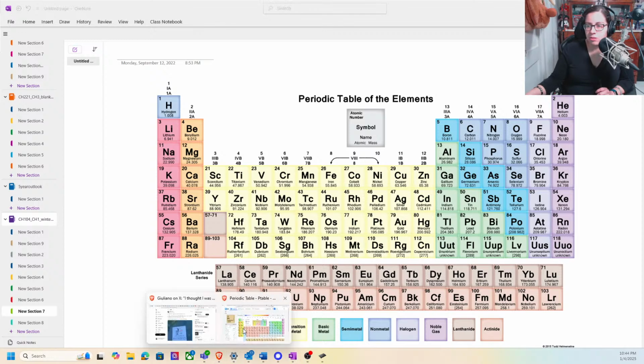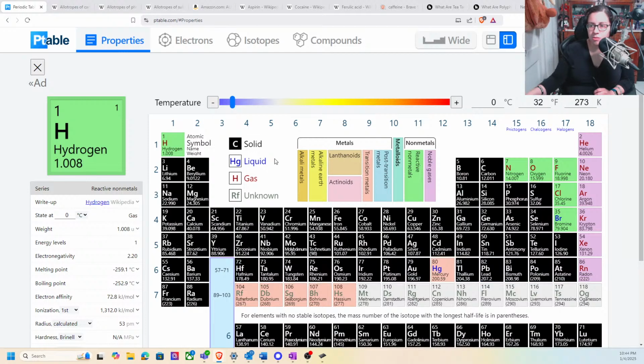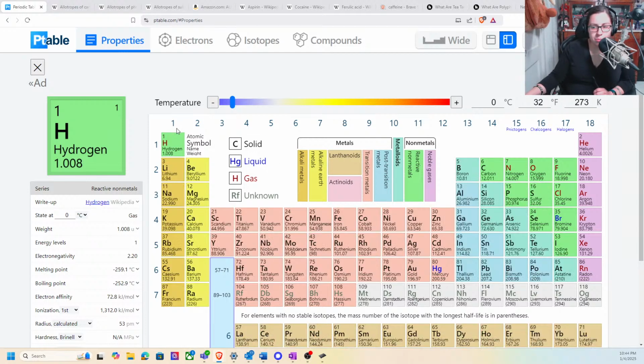I did pull up my current favorite online periodic table, ptable.com. If you're ever unsure of a substance, check it here first.